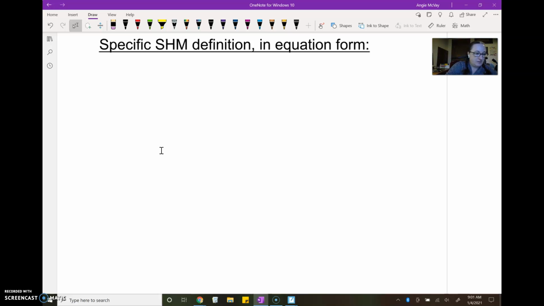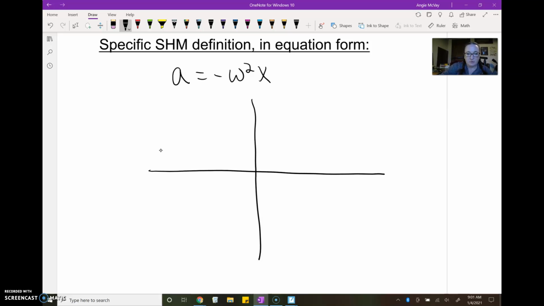Okay, so just like I was saying, a is equal to negative omega squared x, where a is acceleration and x is the displacement from equilibrium. So that's an equation form. And oftentimes you are given a graph when we're looking at simple harmonic motion, with acceleration in meters per second squared and displacement on the x-axis in meters.